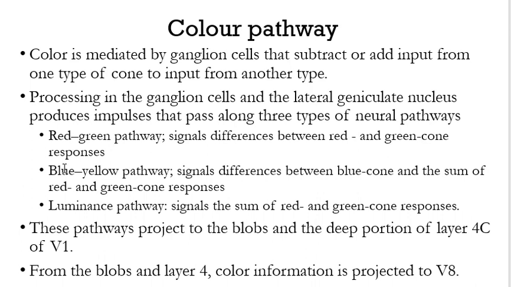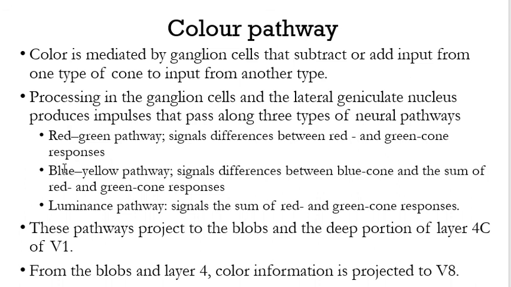So the ganglion has a difference between the blue cone and red and green. So red and green is yellow from the blue. Then you have the luminous pathway. The luminous pathway signals the sum of red and green cone responses.